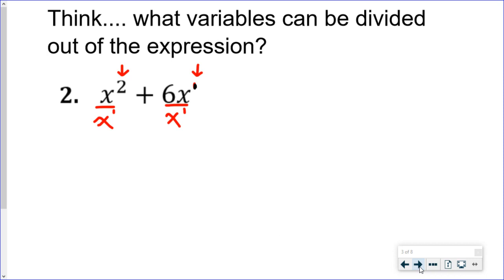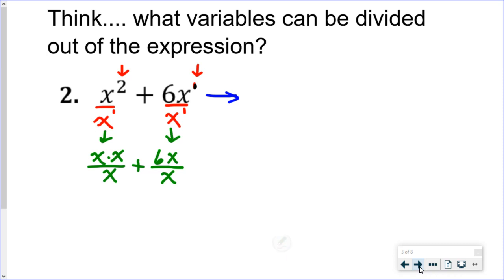Okay? Now, draw your arrow. Now here, really what this means, I'm just going to write it below it. X squared is x times x, and the bottom is x, or x to the first. And this is 6x over x. So that's what that really means.